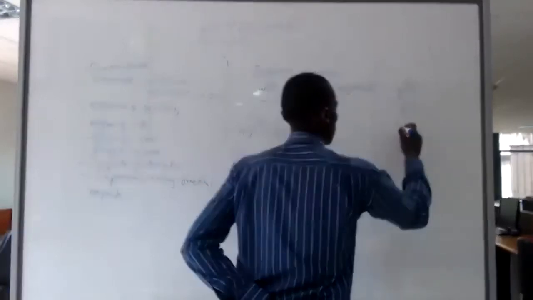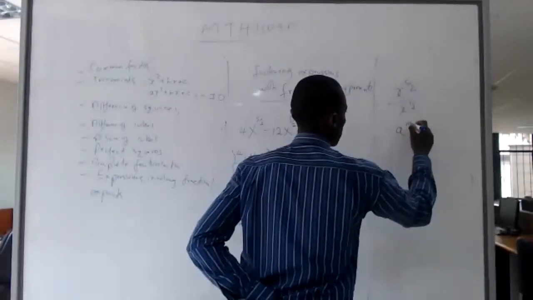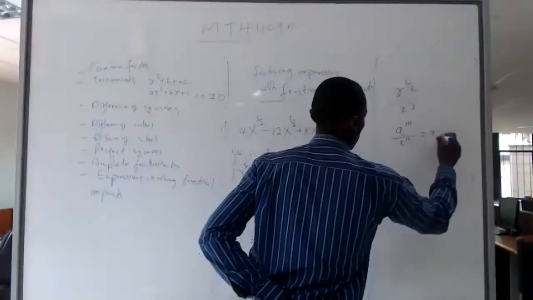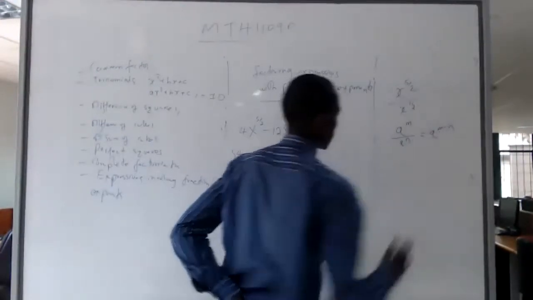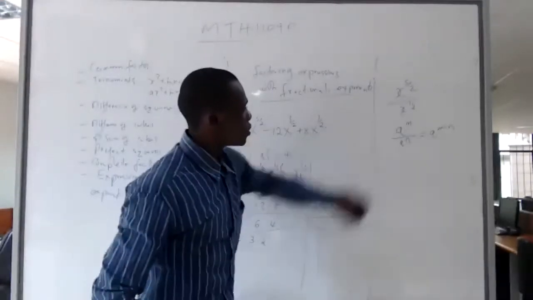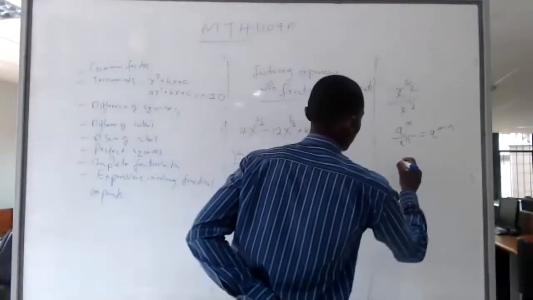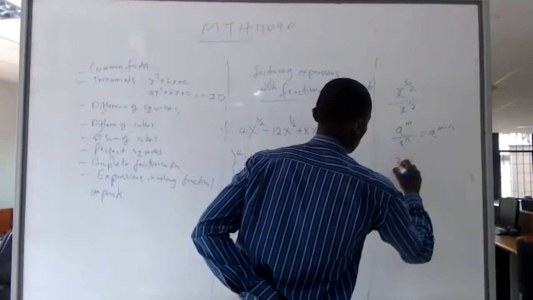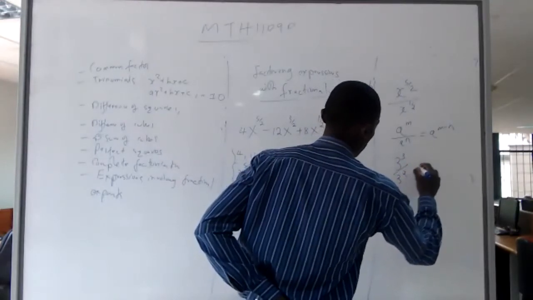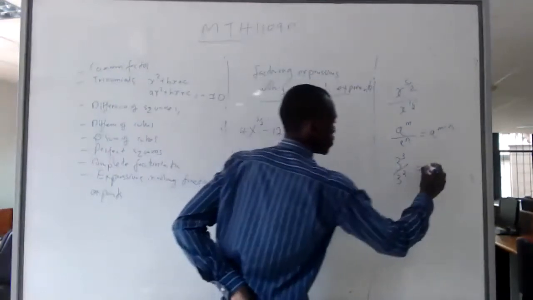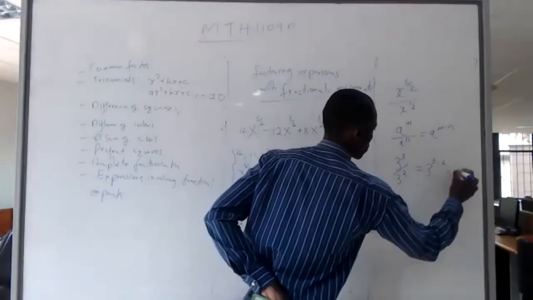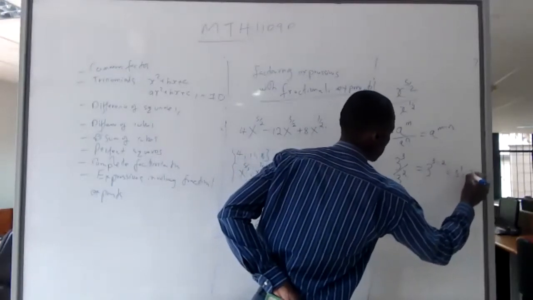There is a law of indices on division: a power m divided by a power n is a power m minus n. Let me give you an example. What is 3 cubed divided by 3 squared? This is just 3 power 3 minus 2, which is 3 power 1, same as 3.